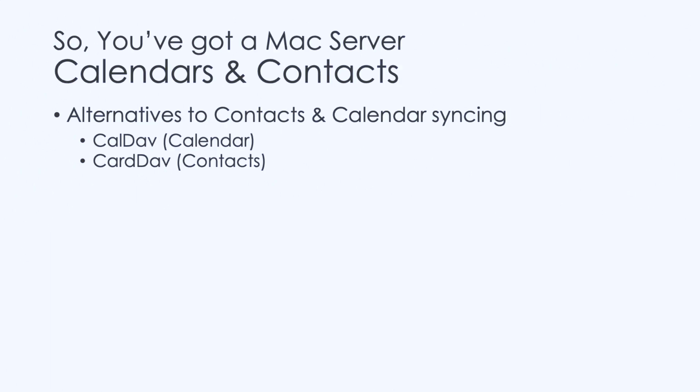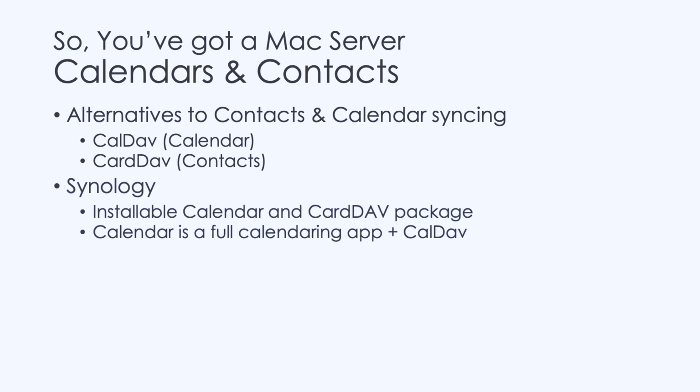So diving in, calendars and contacts, they use a base of, kind of on the back end, they use CalDAV and CardDAV. And on Synology, you can install Calendar or the CardDAV package, which will, Calendar is a full calendaring app, which can be useful if you need that, but you're just using CalDAV.